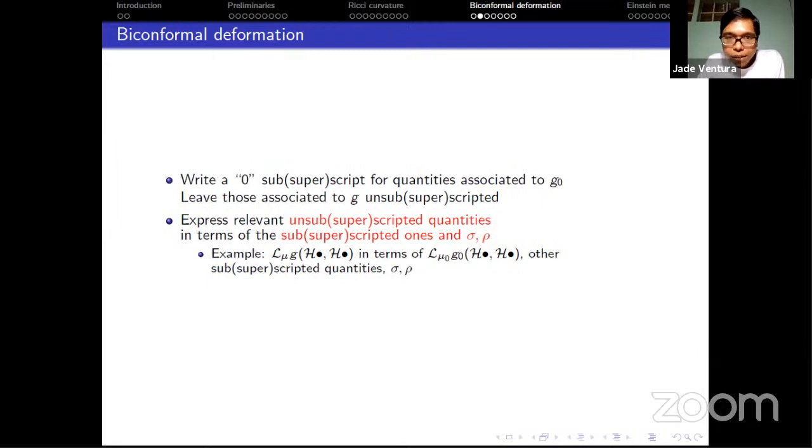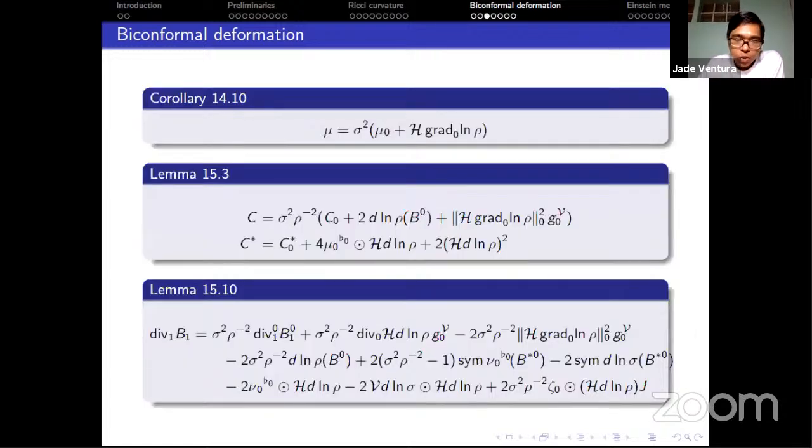So that's the main theme. For the old metric, we use a subscript or superscript of 0. And for the new metric, we leave the quantities unsubscripted or unsuperscripted. The goal in this part is to express the unsubscripted or unsuperscripted quantities in terms of the old ones, the ones with the subscript 0 or the superscript 0. Some examples are in these boxes.